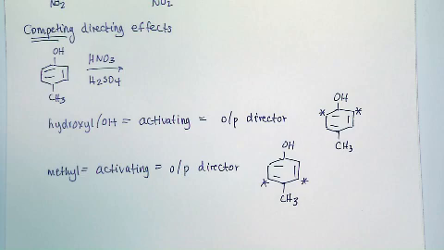Okay, so probably your first thought process is going to be, we've got a halogen and an alkyl group. So are those ortho or para directors? The alkyl group, we know that's an ortho-para director. The halogen is the tricky one, because halogens are deactivating groups, but they're also ortho-para directors.